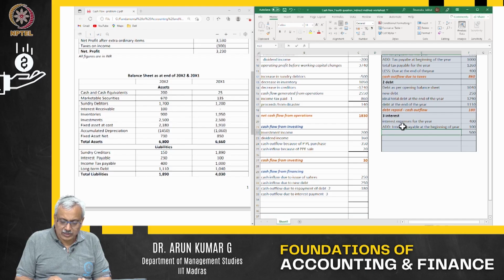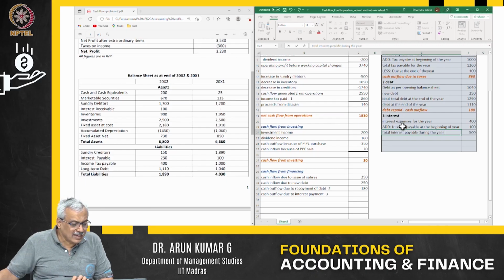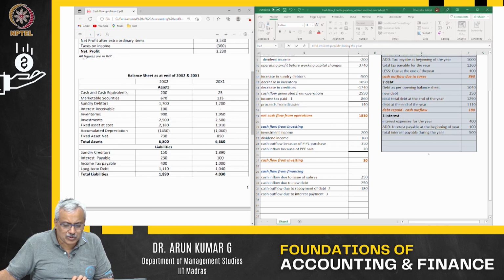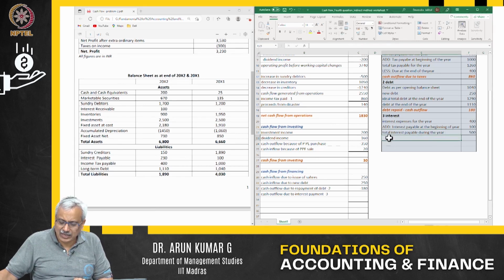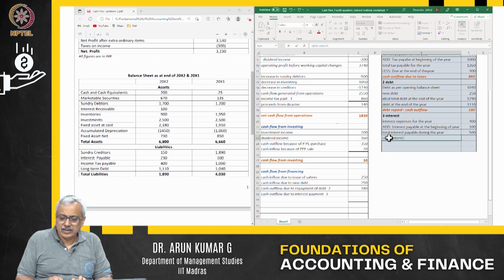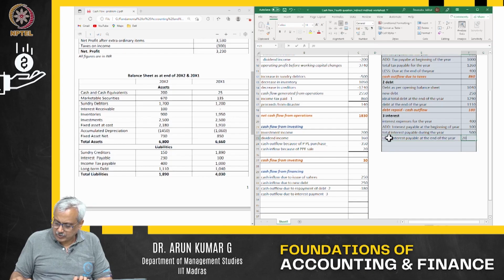That means total interest payable during the year is 500. But I see that at the end of the year you still have 238 to pay. So I reduce it, less interest payable at the end of the year, which is how much? 230.